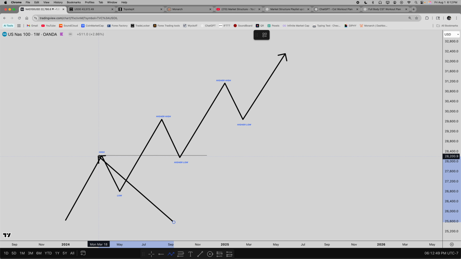So anytime you see a line drawn horizontally across a high or a low, that means we broke that structure. So if you ever see a chart that has BOS, that means break of structure. The structure has been broken. Think of a structure as a building, a roof, a floor, and if price breaks through that, you broke the structure, you broke the roof, and you made a higher high. Right? That's called a break of structure.